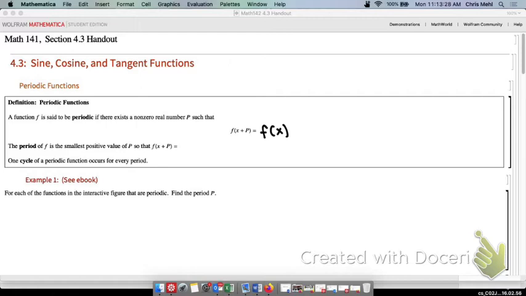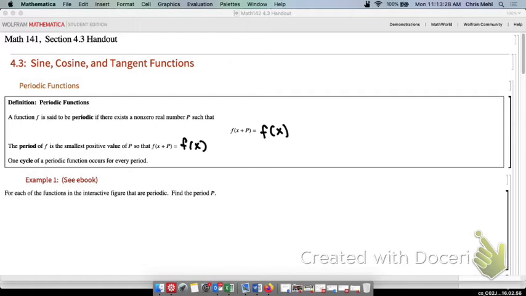We saw that for any angles that are coterminal, which are just basically taking your original angle and adding or subtracting any multiple of 2 pi, you would get the same function value. Now, the period of f is the smallest positive value p so that f of x plus p equals f of x.